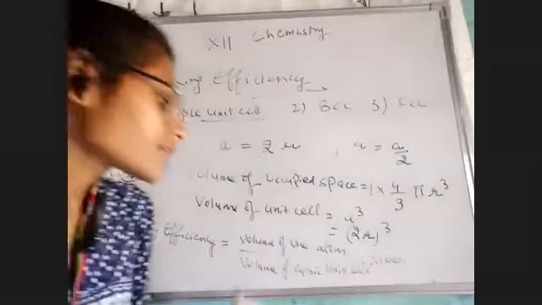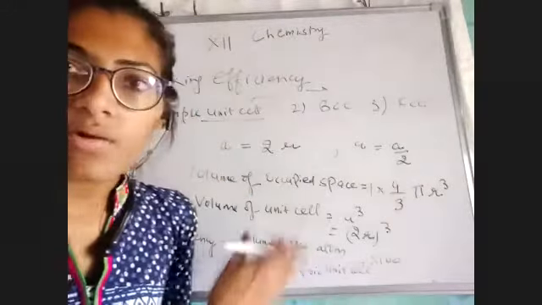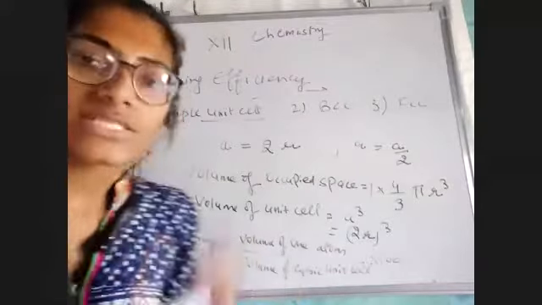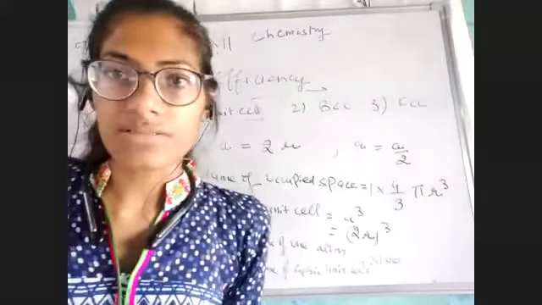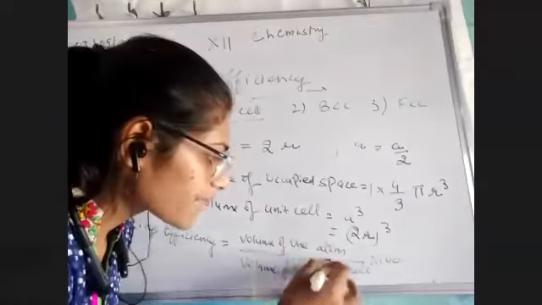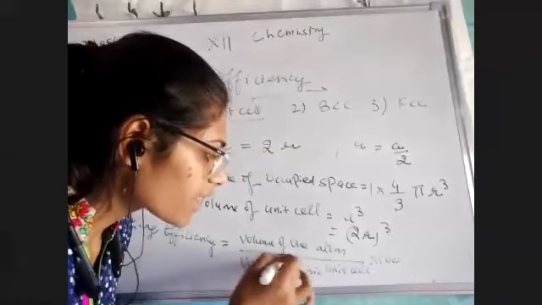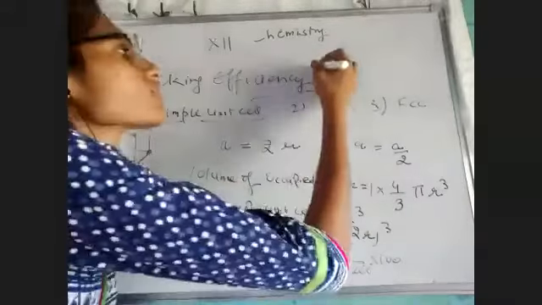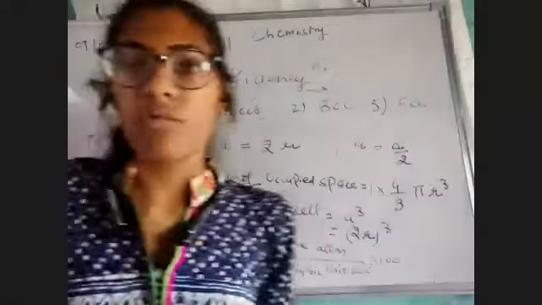We are doing nothing special. We are taking the small thing on the upper side and the larger thing on the lower side, just as we do in simple mathematics. And we are multiplying it with 100 for percentage, because our packing efficiency would always be in percentage, as I have already told you.